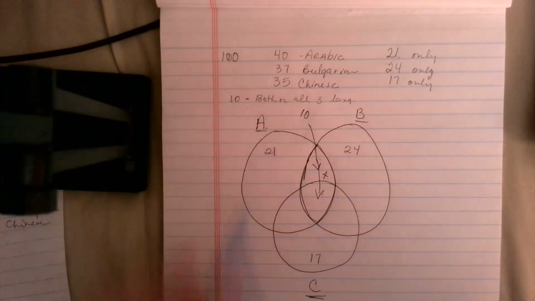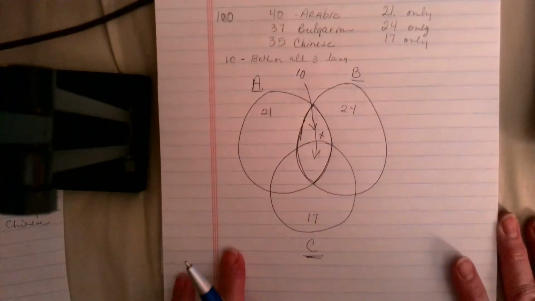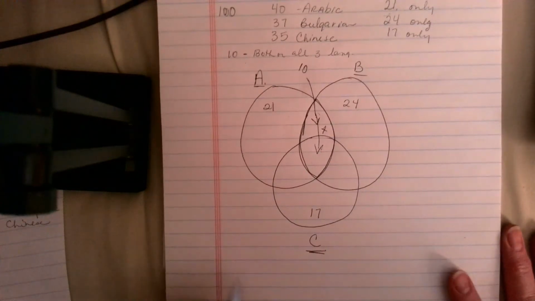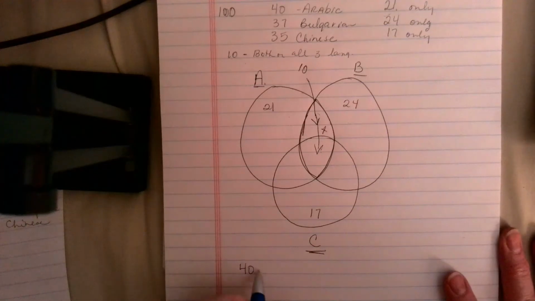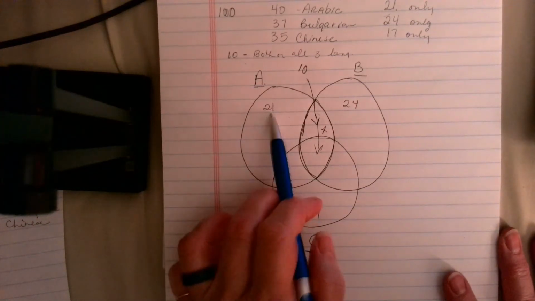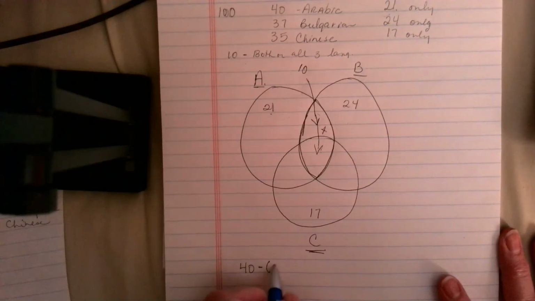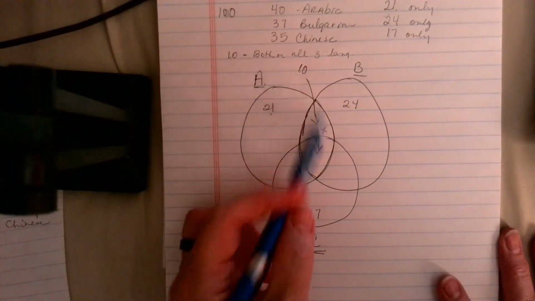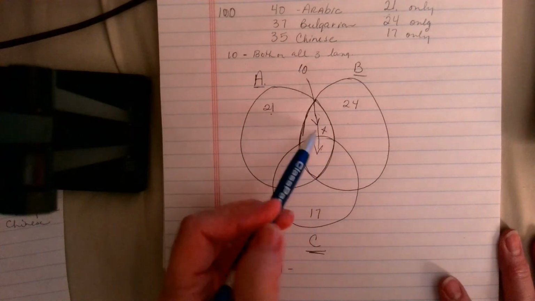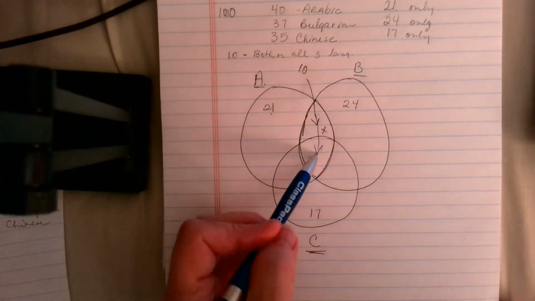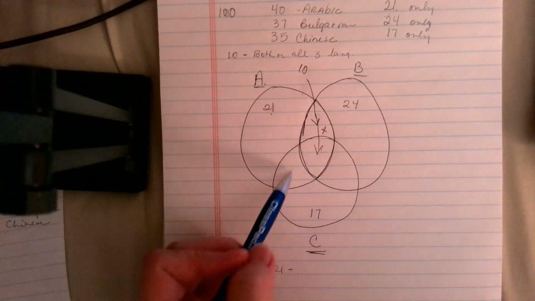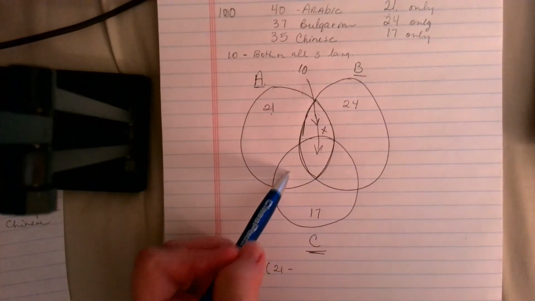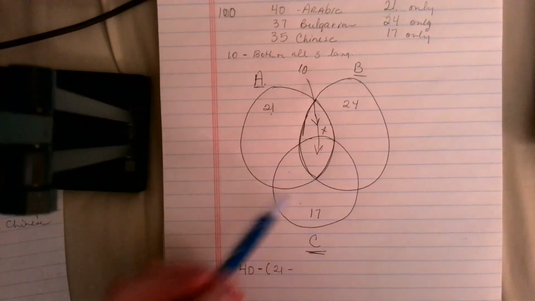So what we're going to do is take the total number of students that I know I have, which is 40 for Arabic. I'm going to subtract out the 21 that only take Arabic and subtract out the 10 that are taking Arabic and Bulgarian or taking all three, and that's going to be the number left over that's taking Arabic and Chinese.